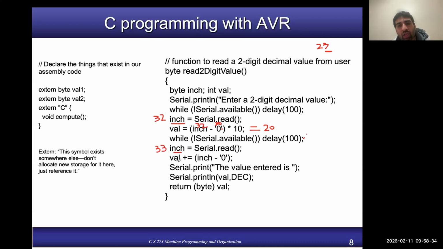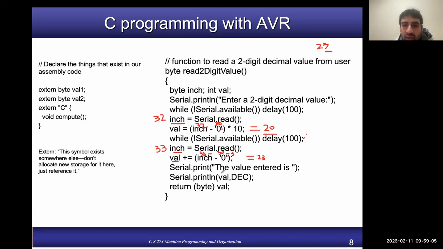And then it does val plus equals inch minus '0'. What is inch? Inch is 33 minus the ASCII code of 0, which is 30. So it becomes 3. What is val? Val is 20. So here you are saying val plus 3, so it becomes 23. Then the value 23 is stored in this variable val, right?